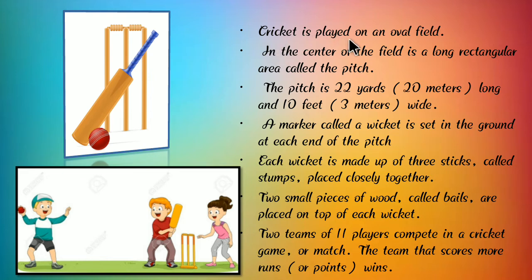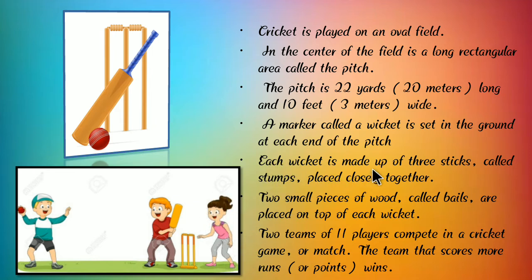Cricket is played on an oval field, and in the center of the field is a long rectangular area called the pitch. The pitch is 22 yards, about 20 meters long, and 10 feet, 3 meters wide. A marker called a wicket is set in the ground at each end of the pitch. Here we can see a wicket keeper.